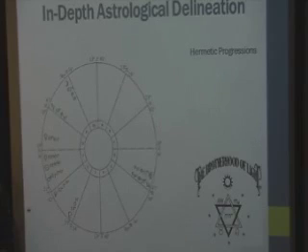So, for example, if you have Jupiter in Virgo, which is the home of Mercury, and Mercury in Sagittarius, which is the home of Jupiter, you have these planets in mutual reception.